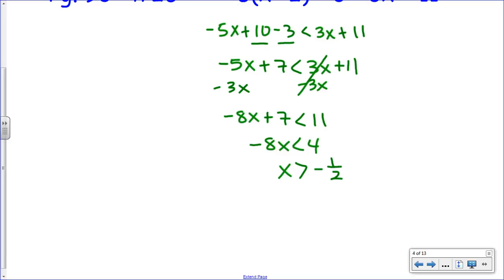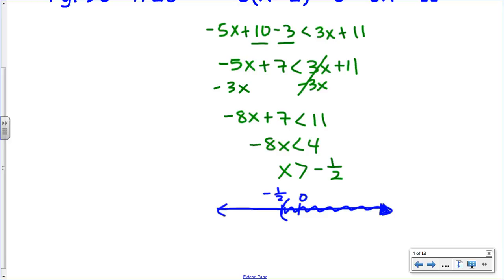So my interval, let me graph it on a number line first. So 0, -1/2. X is greater than -1/2. So when I shade left or right, I would shade to the right. And would I include -1/2? No, so parentheses.